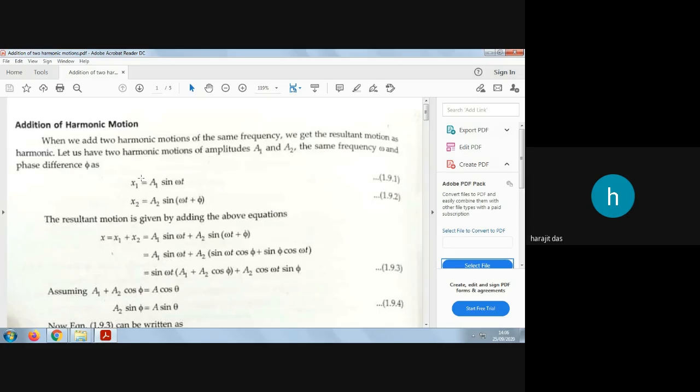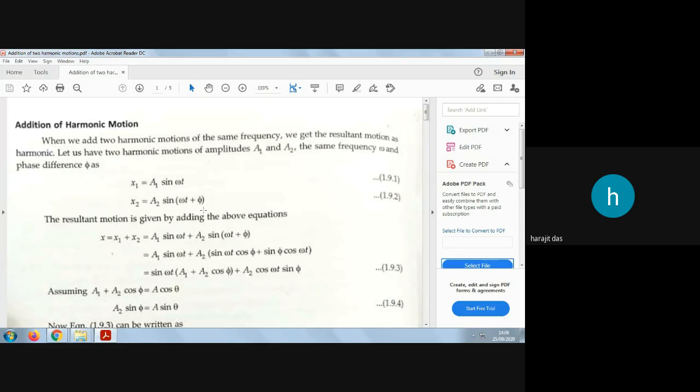Suppose the sine curve is the equation for this particle, then the other sine curve will be shifted to the right side if phi is positive. Then you need to draw the graph of the particle, and there will be a horizontal gap in the graphical representation on the mean line or equilibrium line. So that is the phase difference.